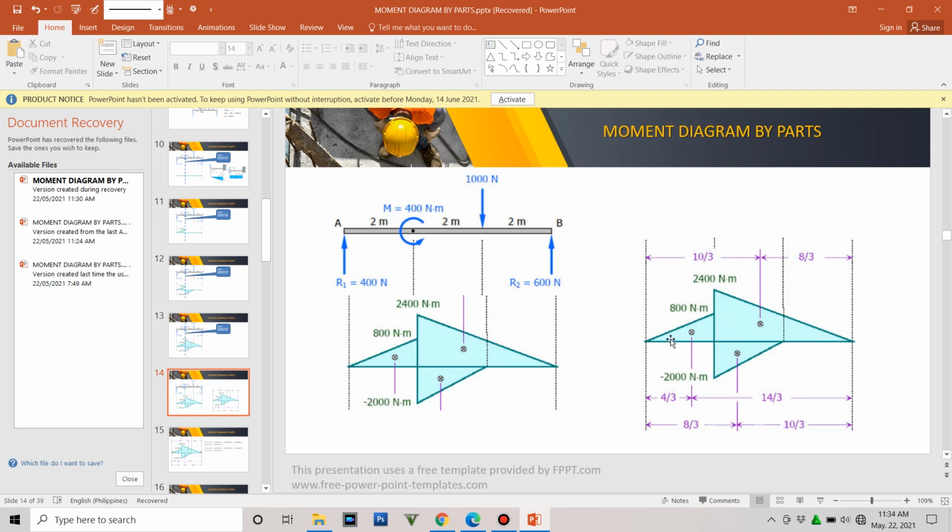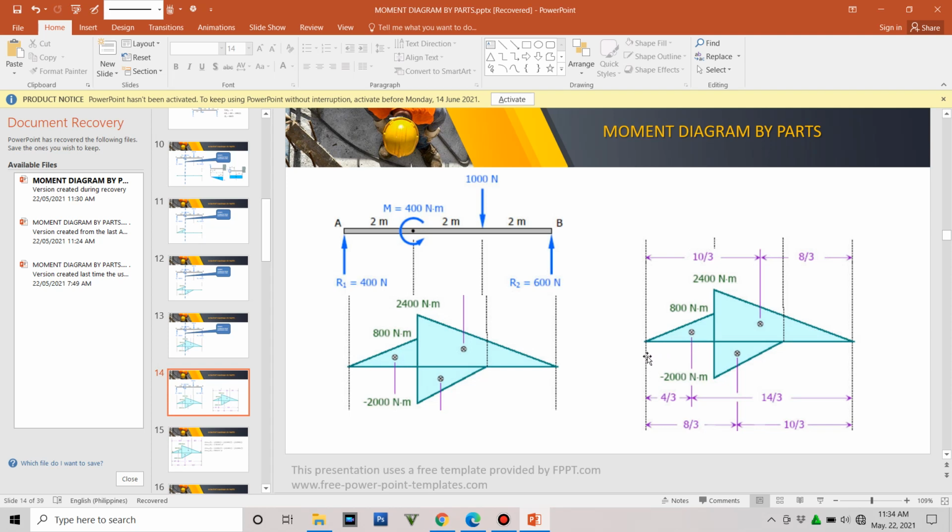triangles. This small triangle with 800 base and 800 height is here. What is its overall base? Its overall base is 2. If that is 2, 1/3 of 2 is 2/3. So 1/3 times 2, this distance is 2/3. And what about this? It is 2/3 of 2, so 2/3 of 2 is actually 4/3.